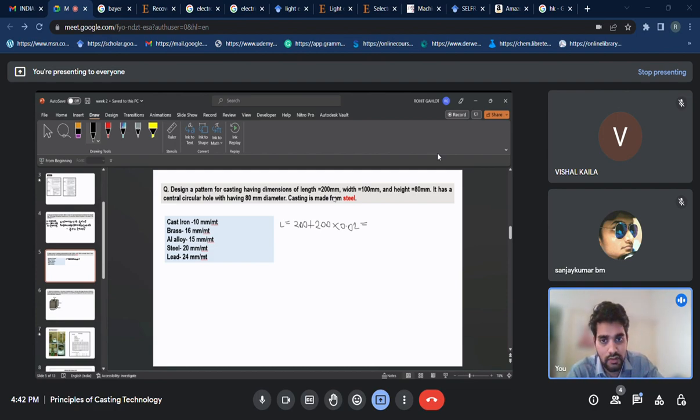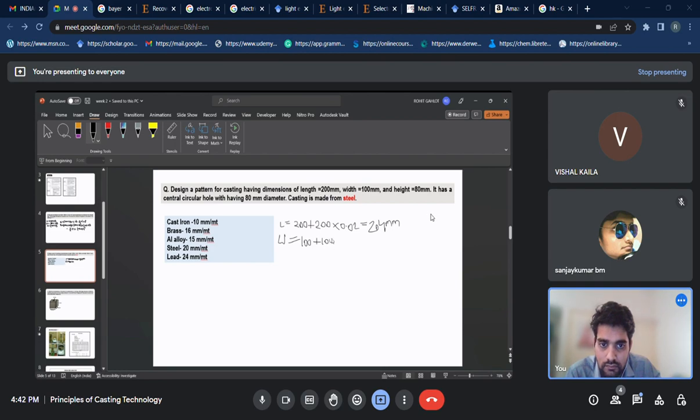This question is for the steel one. So we need to focus on each point. Some people may miss the word steel and then get confused in the numerical, since it is not given this and that. But while solving a numerical we need to focus on each point and on each line.